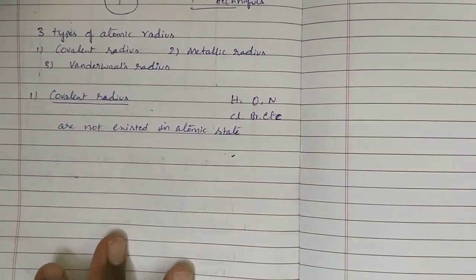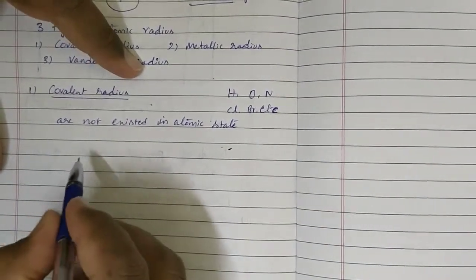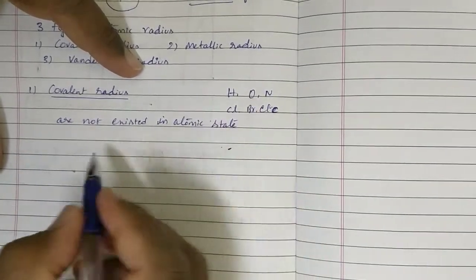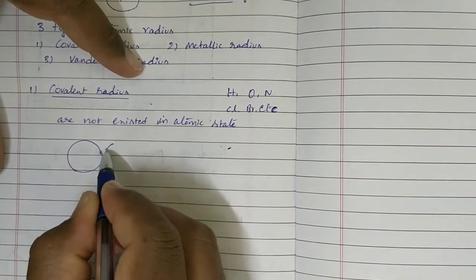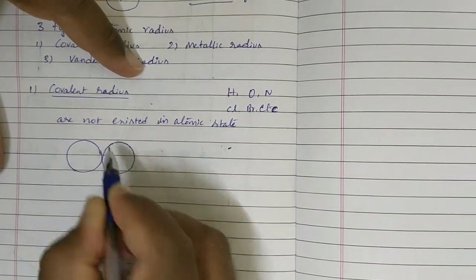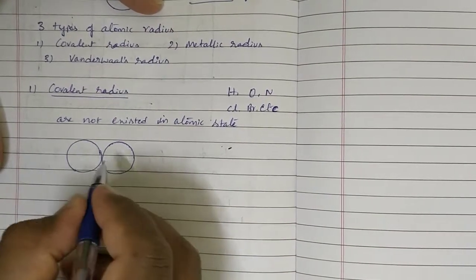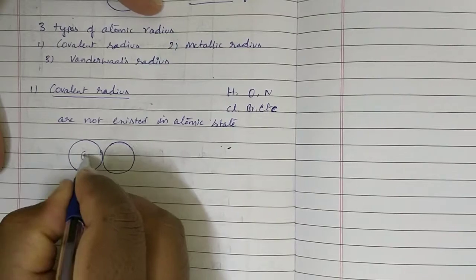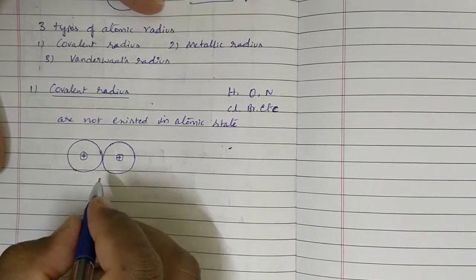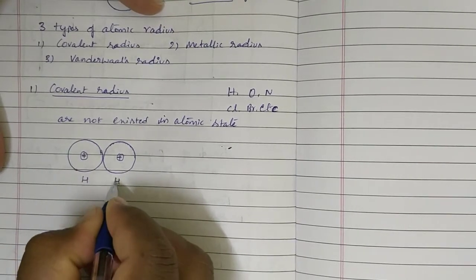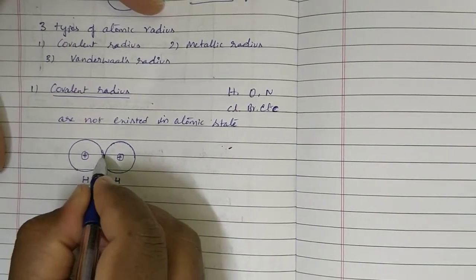Now coming to the definition of this one. Let us consider the H2 molecule. This is the nucleus of the first atom, this is the nucleus of the second atom, both are hydrogens only, and this is the bond pair.